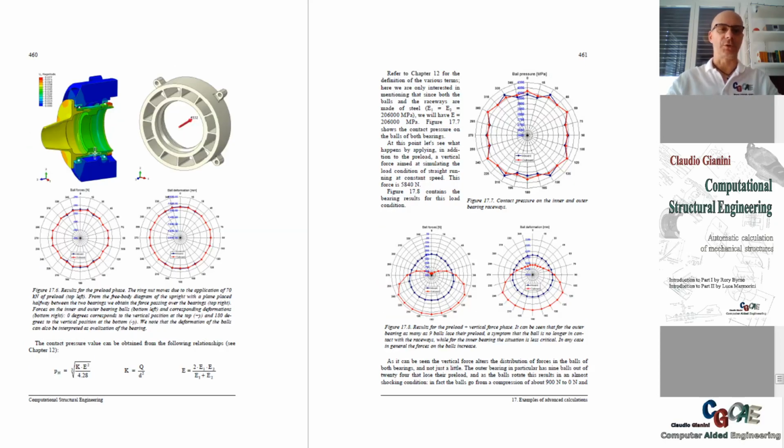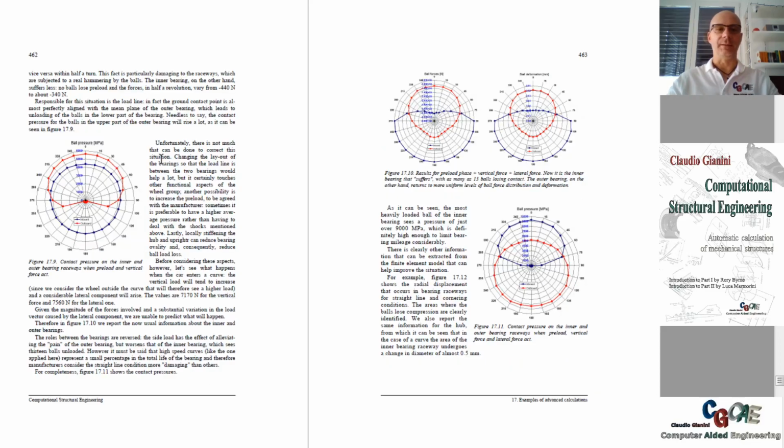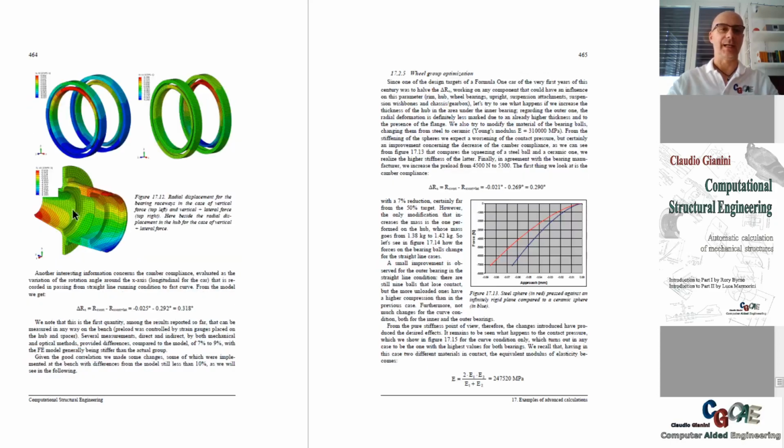It is shown also how to extract forces in the balls, how to get contact pressure without simulating the balls themselves. And the example here shows how it was possible to optimize the behavior in terms of stiffness of the parts like the hub and the wheel bearing themselves.